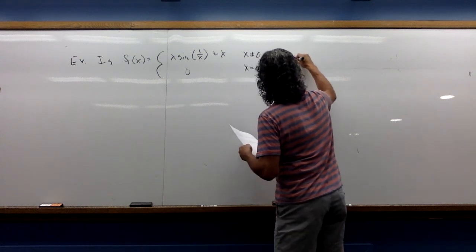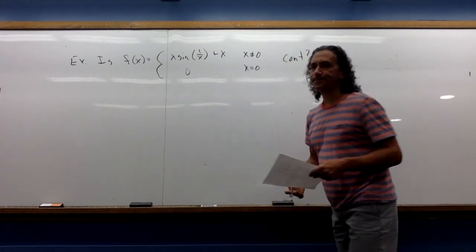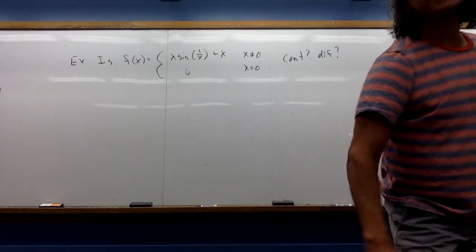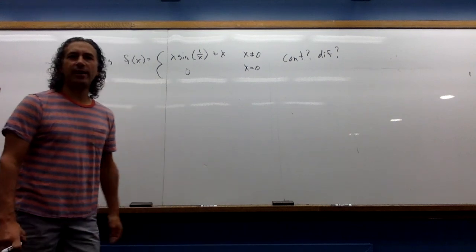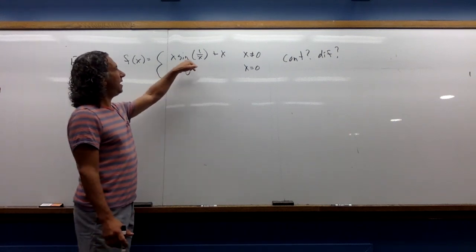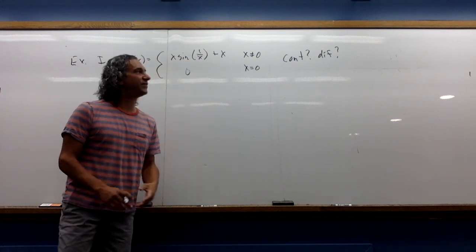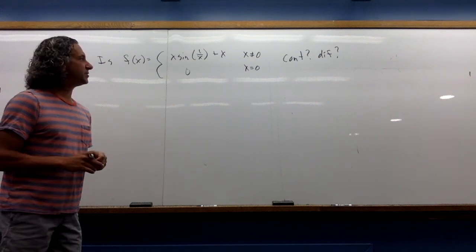Is this guy continuous? Is it differentiable? So here's kind of a kooky looking function. If you put it into your calculator, you'll see it behaves pretty crazily. And that's because of the periodic nature of the sine function. Piecewise defined, it's a bizarre function.